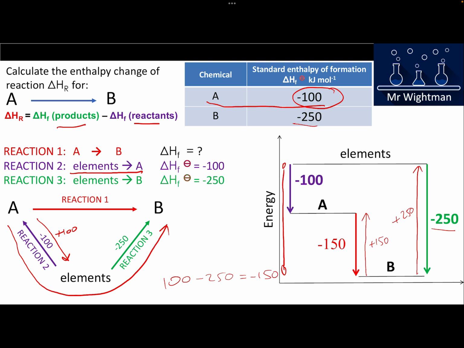So however you want to do your maths, either products minus reactants, or going around the Hess diagram, or drawing an energy diagram and then working out what X is, you're all doing the same thing. Generally, it's just finding the gap between that point and this point from A and B. So you can only do products minus reactants if you're presented with delta HF data.